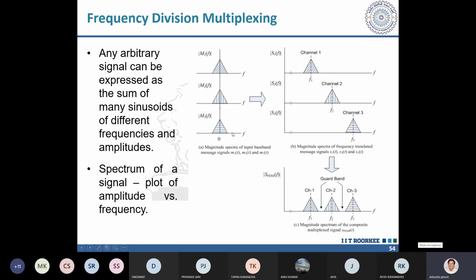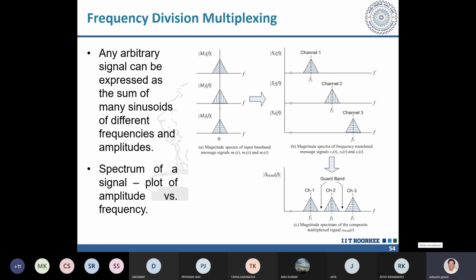So that multiple users can use the same channel, we translate them to different frequencies by some method, and then push them into the same channel. This is what frequency division multiplexing is.